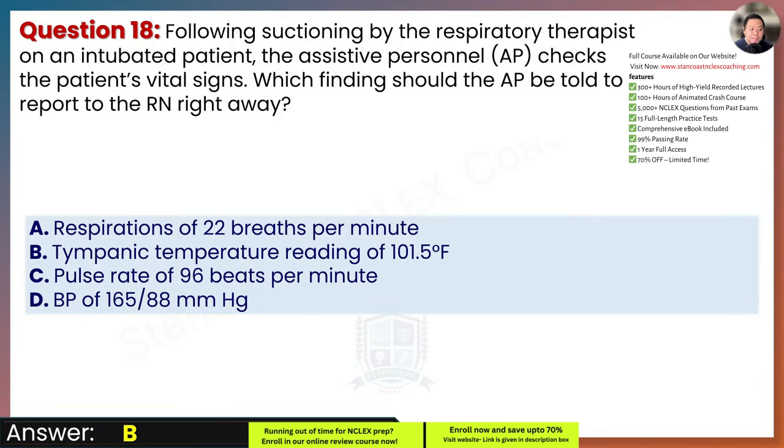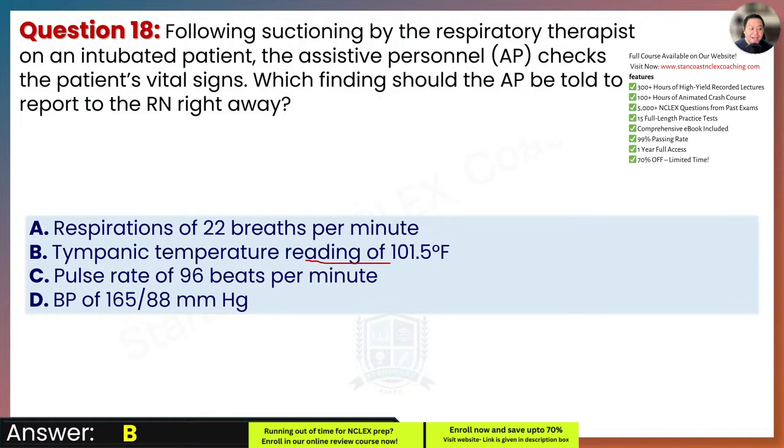So, B, showing a temperature of 101.5 via tympanic thermometer, basically reflects that there is an ongoing infection. This is a risk, and that should immediately raise a red flag. This is a must report situation.